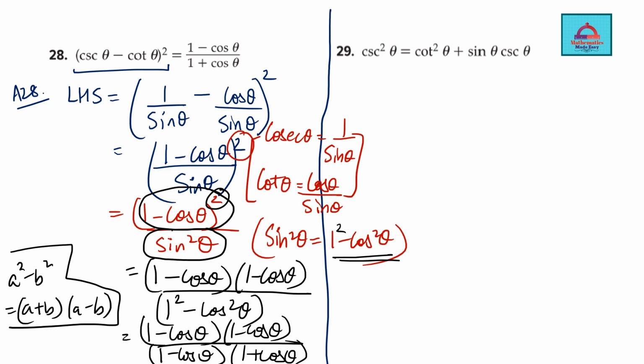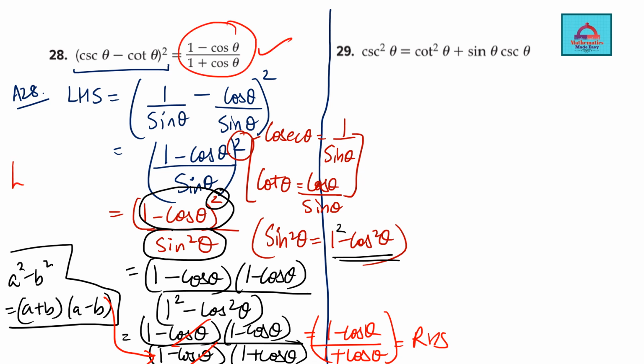This identity I applied in the denominator. This leads to cancellation, and it leads to our answer also, because now we have what we wanted on the right side. So left hand side equals right hand side, hence verified. That completes question 28.